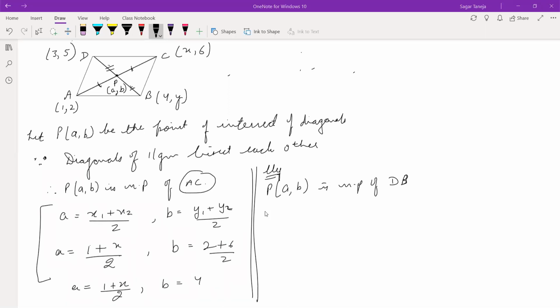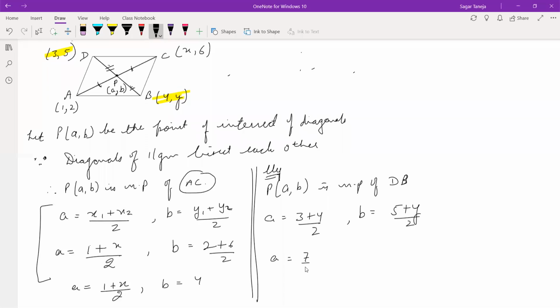It will help us. So if P is the midpoint of DB, then we have to look for the coordinates of D and B. So a is equal to (3 plus 4) upon 2, and b is equal to (5 plus y) upon 2.